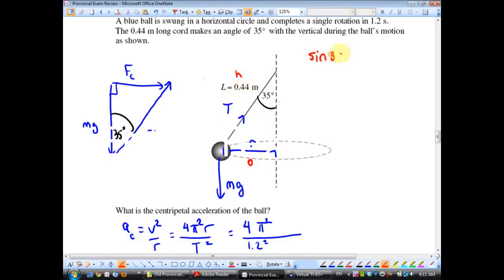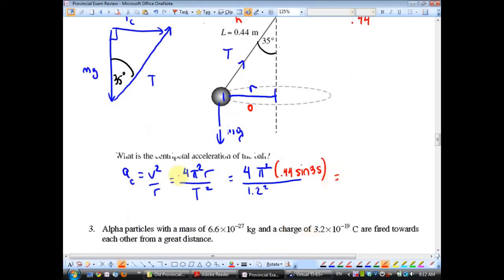Sine 35 equals the radius divided by 0.44. Could you get the r by itself? That's what I'll put right here. So actually, this question wasn't as bad as I thought.